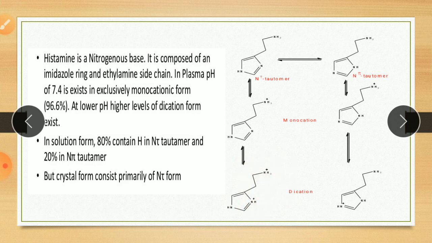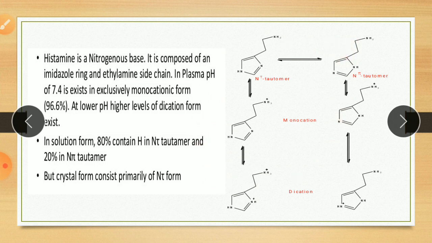In water or in solution form, 80% of histamine monocation exists as N-tau tautomer and 20% exists as N-pros tautomer.